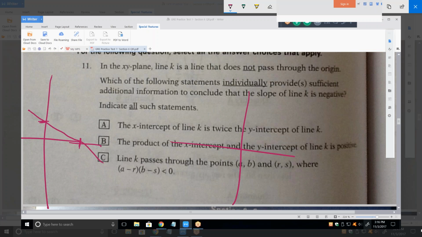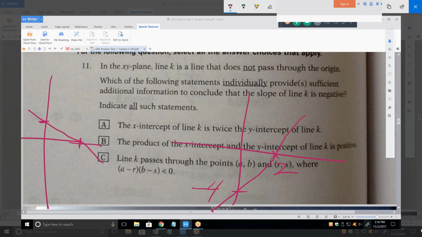In other words, I looked at this problem a lot. And remember, I've got to try a positive slope. So if I put a positive slope like that, the x-intercept is, let's say, 2. The y-intercept is -4.